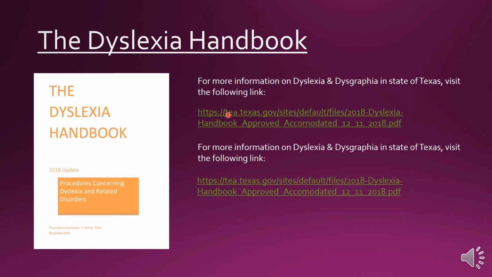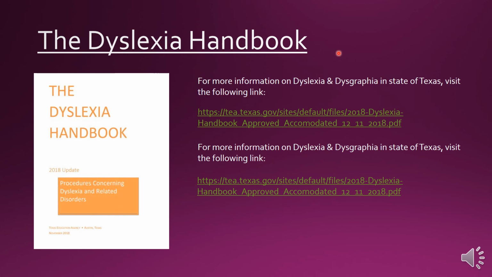So if you will check that out if you want to, or you can just Google Dyslexia Handbook 2018 and it'll pop up the most recent version. It's got some of the most recent information in there as far as TEA goes on dyslexia and dysgraphia.